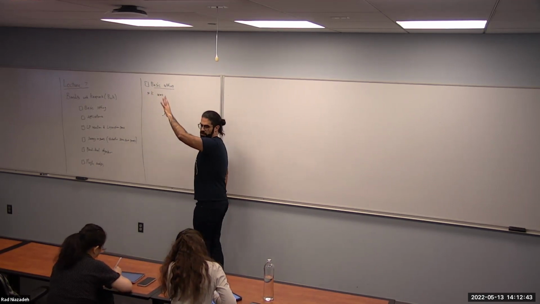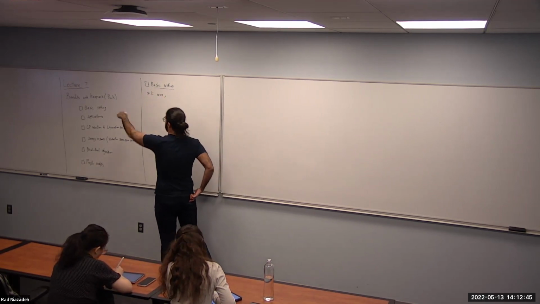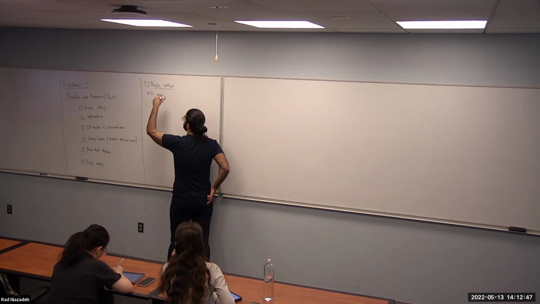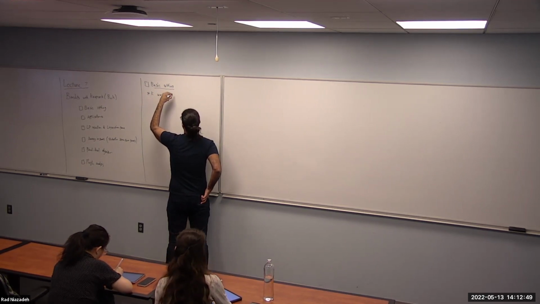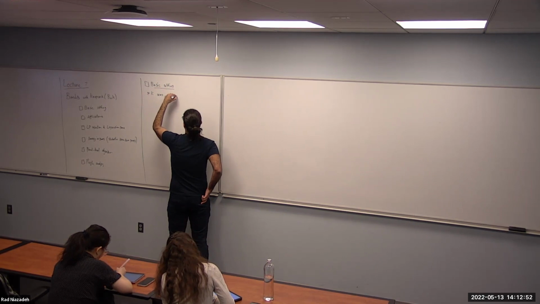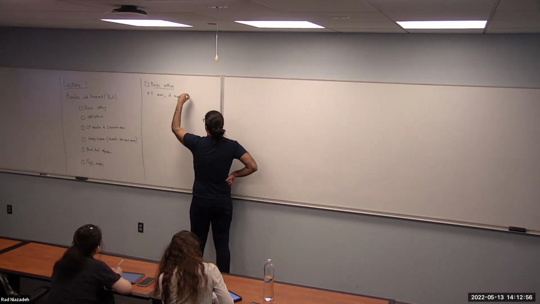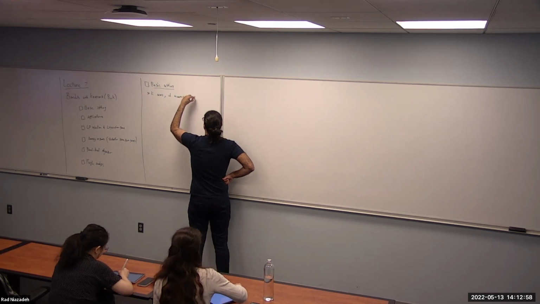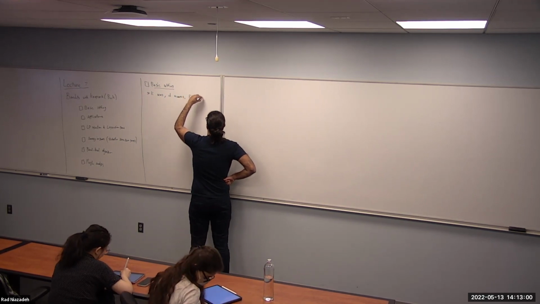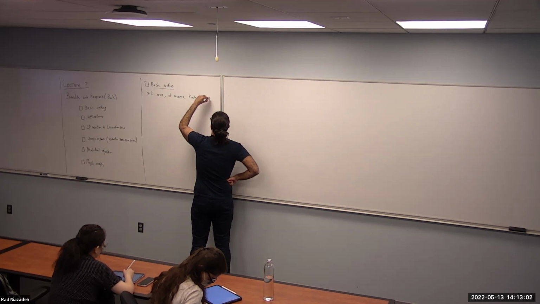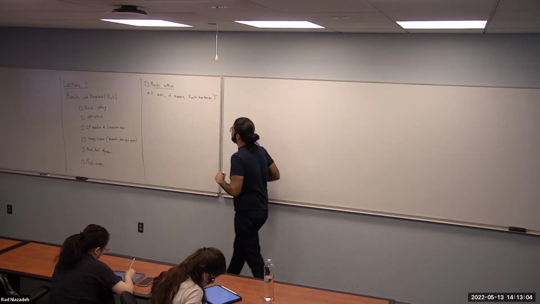What does an arm represent? It will be clear when we talk about the applications. We have k different arms, we have d resources, and then we have a finite time horizon T.